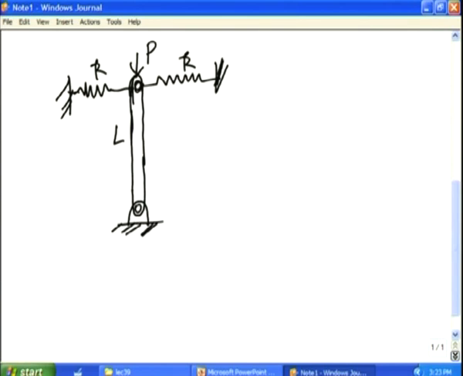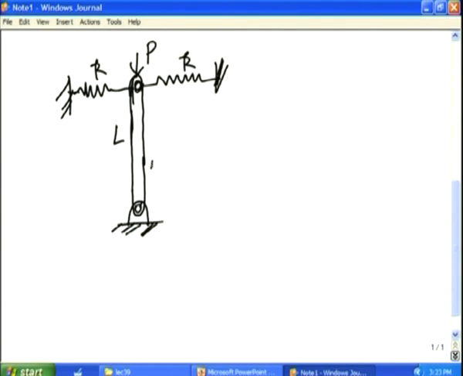Let a rod of mass M and length L be restrained in the vertical position by two identical springs having spring constant K. A vertical load P acts on the top of the rod. If given a small displacement theta to the rod, one spring compresses by amount L theta.